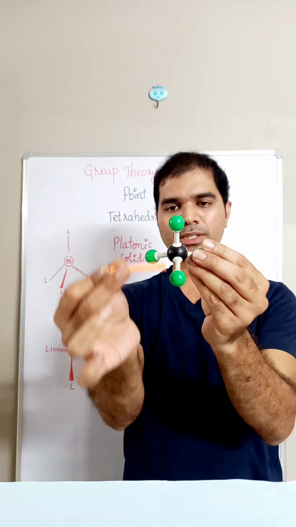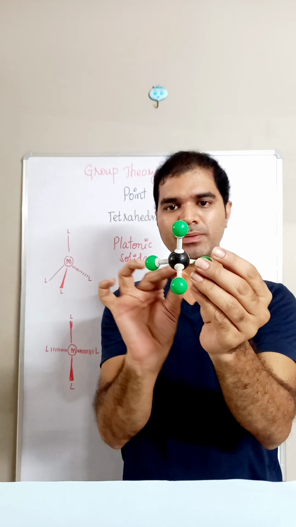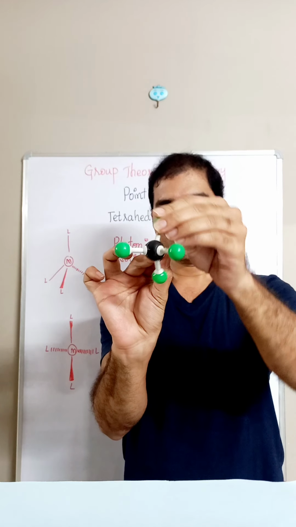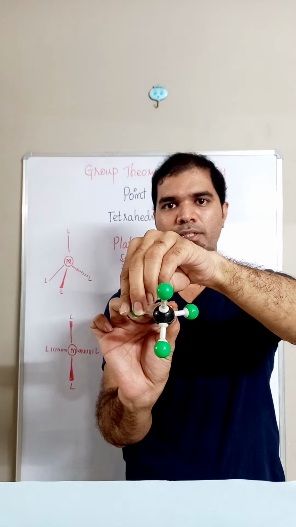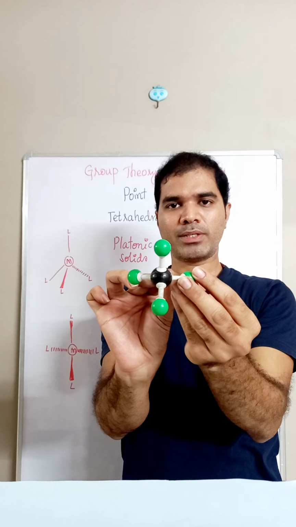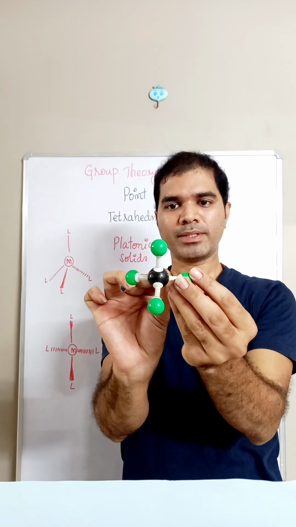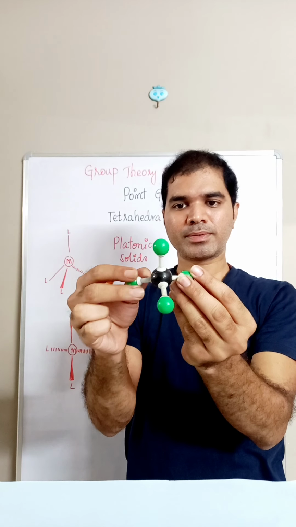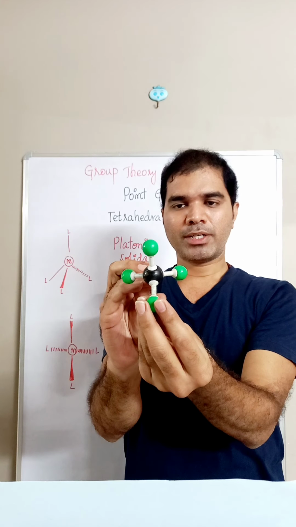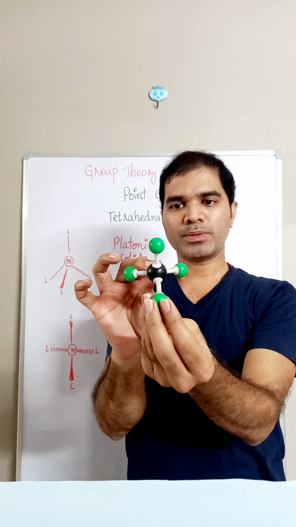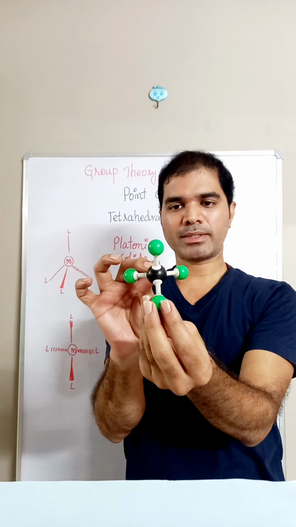Take the reference of these two atoms which are vertical with respect to you. As I rotate by 180, this is giving an equivalent configuration. So this is one C2 that you can visualize. Okay. Next. From that same C2, or I can say collinear to this C2, we have an S4 axis.